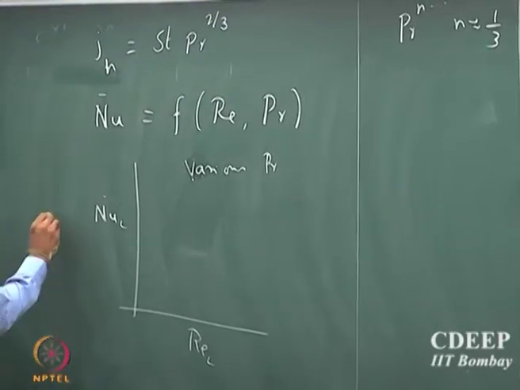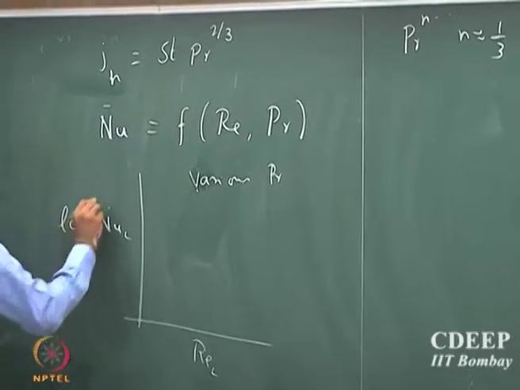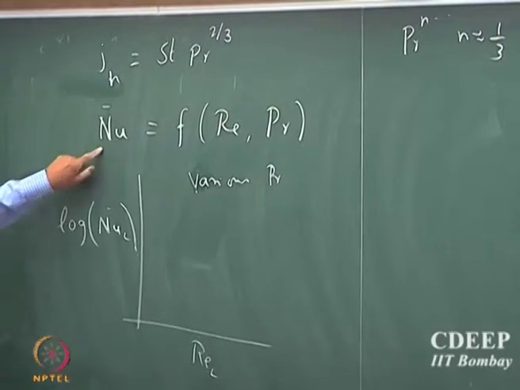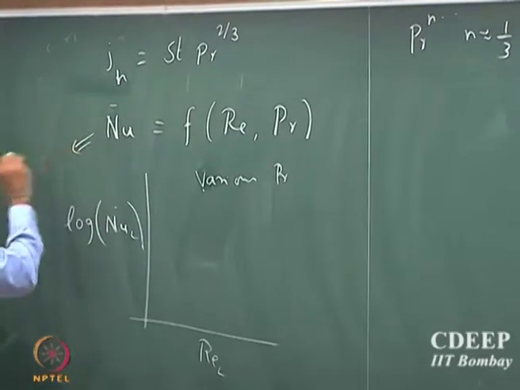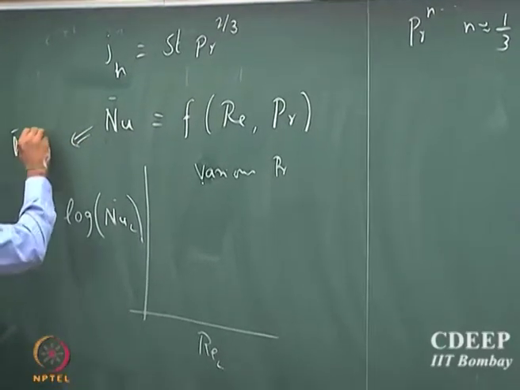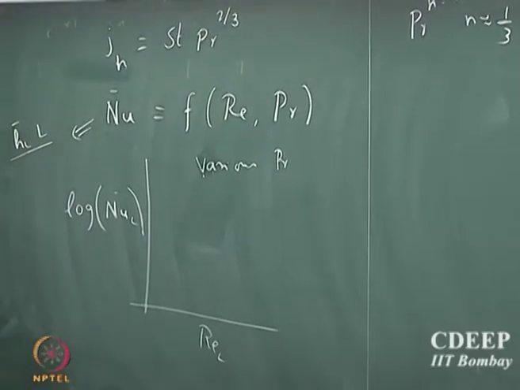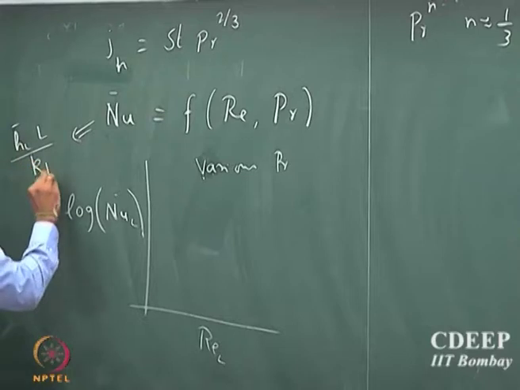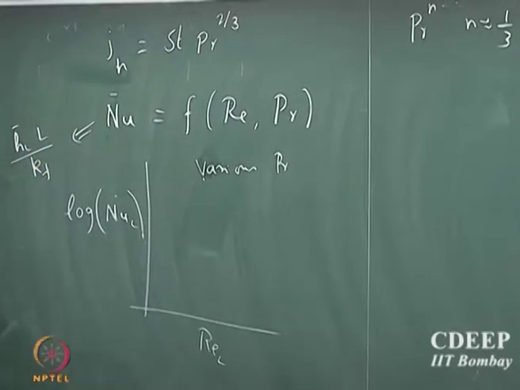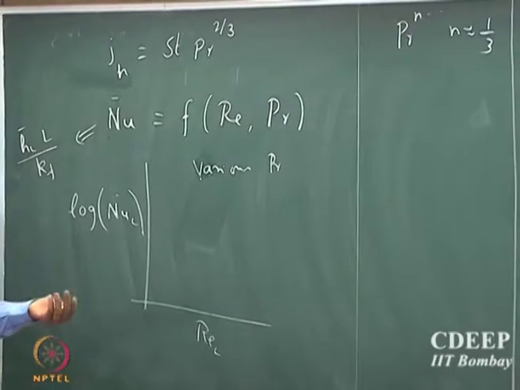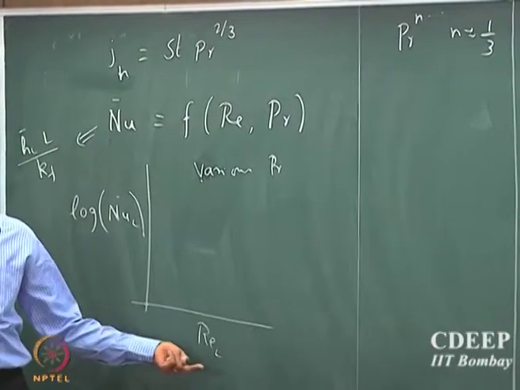And so what they did was make a plot of log of this average Nusselt number. Note that average Nusselt number is h L bar, into the length of the plate, divided by Kf, the conductivity of the fluid. So you know Kf, you know the length, you know the average heat transfer coefficient from your experiments, and you know the Reynolds number of the flow.